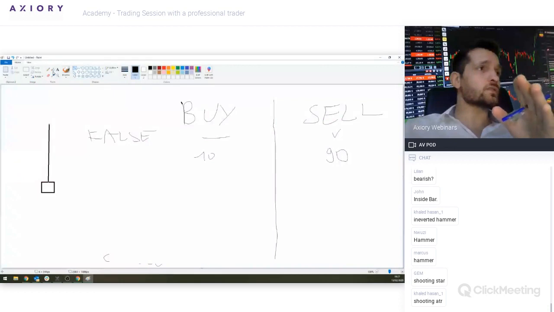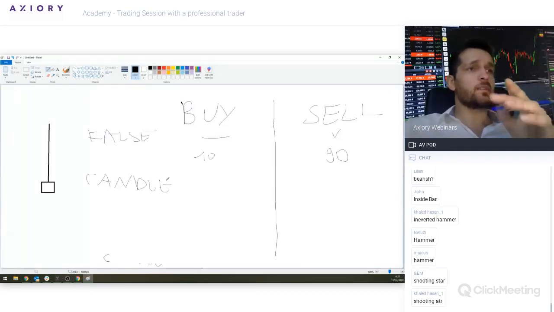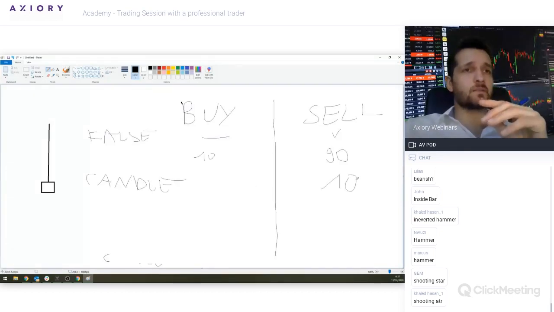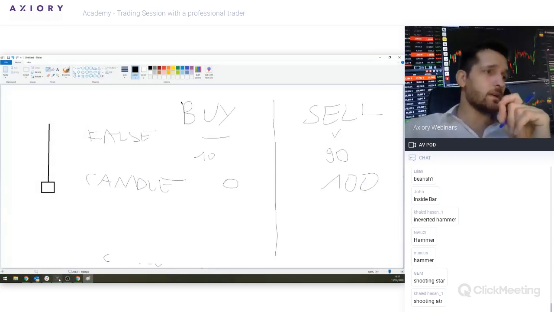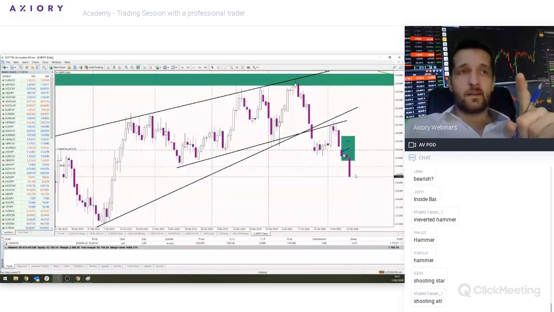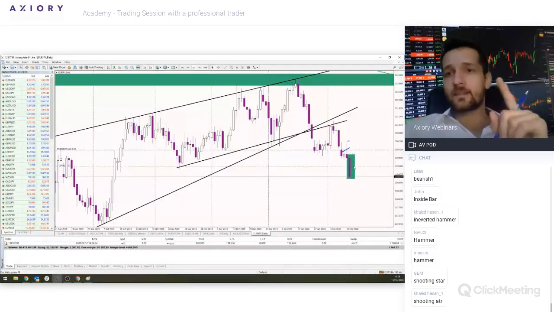So for those traders who were not there, we have a candle, a shooting star, which makes it 100% to 0 for the sellers. With such a setup, are we surprised that the price is doing what it's doing right now?